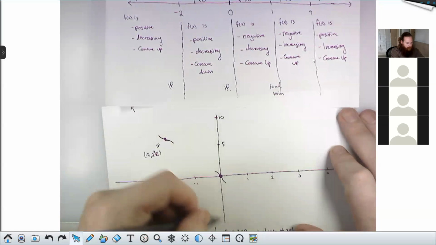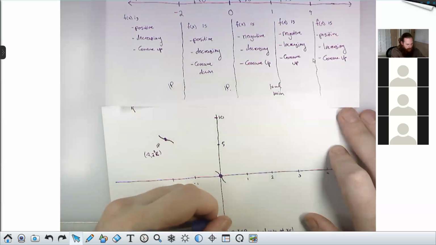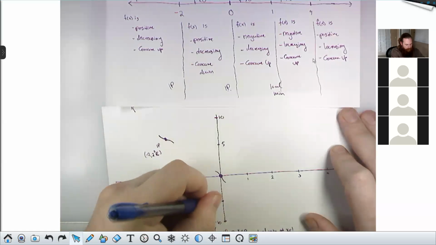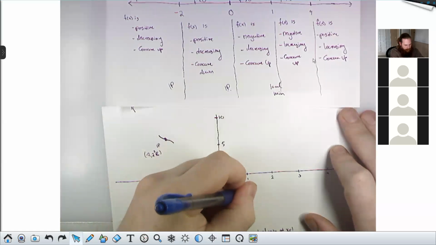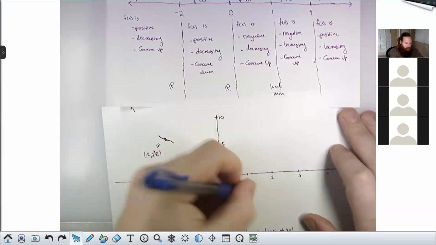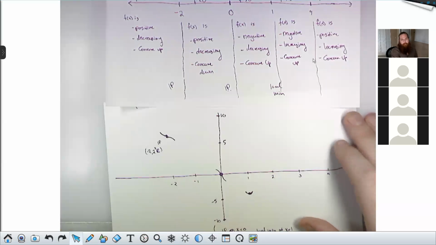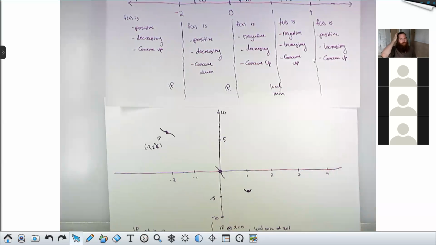So if I use the same scale here that I did there, this would be like negative 10. This would be like negative 5. So 1, negative 3 is like right here. And I've got a local min, and it's a smooth local min rather than a sharp one. So we're concave up on both sides, but I go from decreasing to increasing.